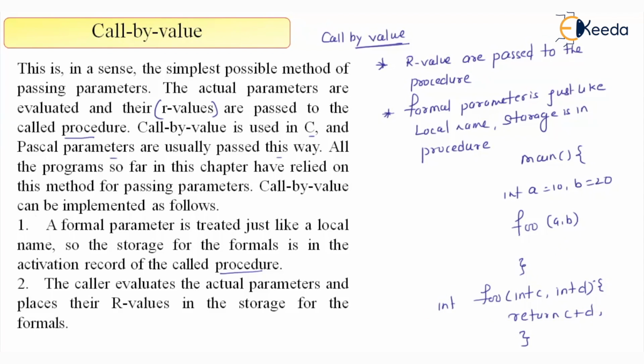As I already told you, the a and b part is the actual parameters, and the c and d part is the formal parameters.